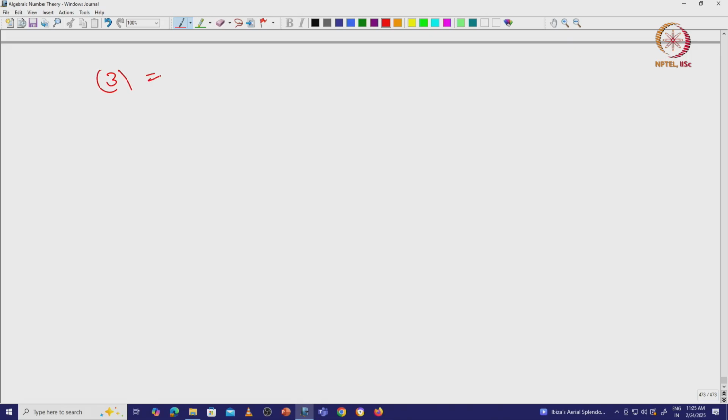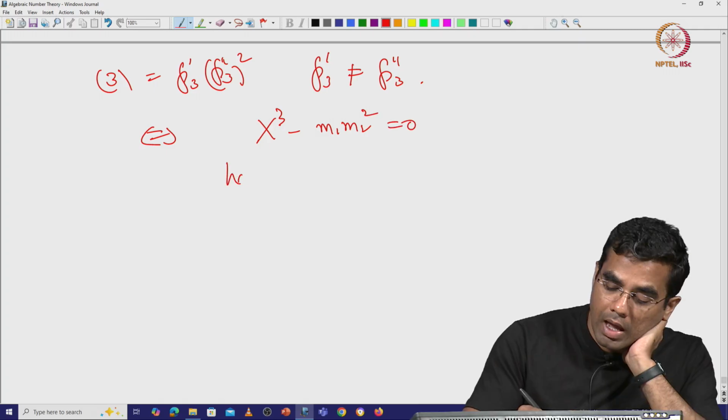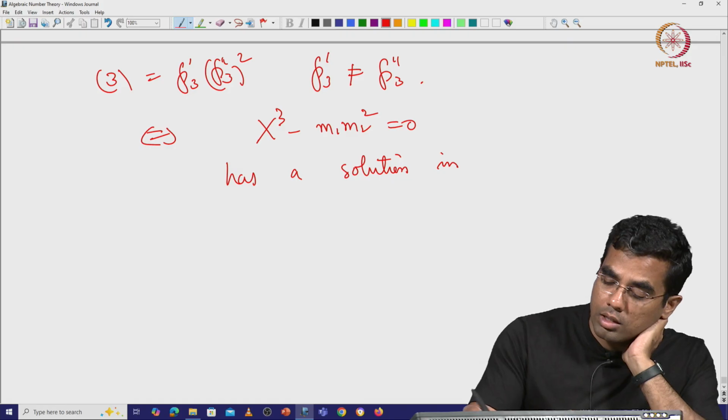So 3 is p3 prime p3 double prime squared, and of course here I am assuming that these two are not equal, if and only if x cubed minus m1 m2 squared equal to 0 has a solution in Q3.